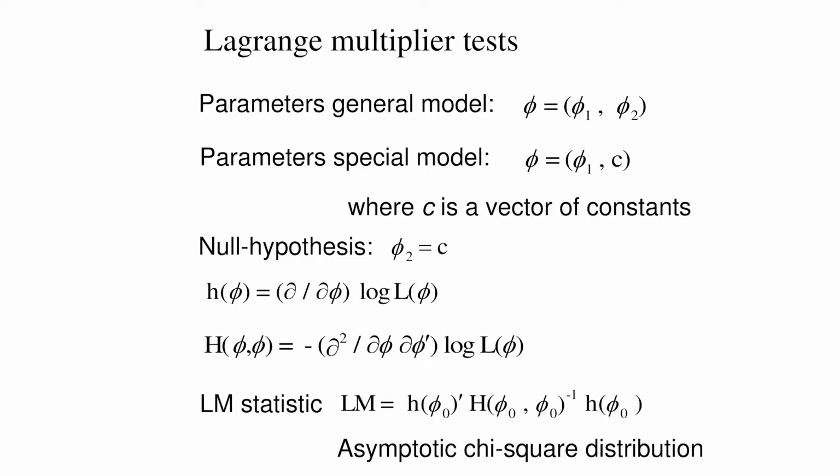Then we go to the next one, but before we do that, there's a final sheet which I will go over very quickly because this is a rather technical one. But just for those of you who want to hear that: there's a null hypothesis that a set of parameters phi2 equals a constant, and the constant is 0 in this case.